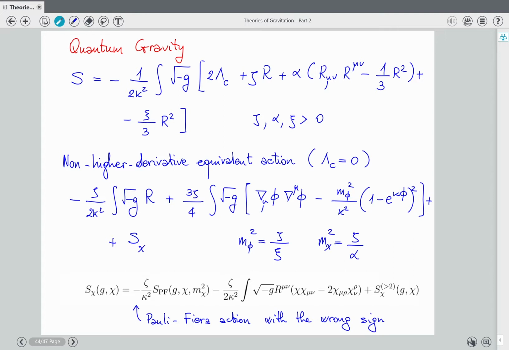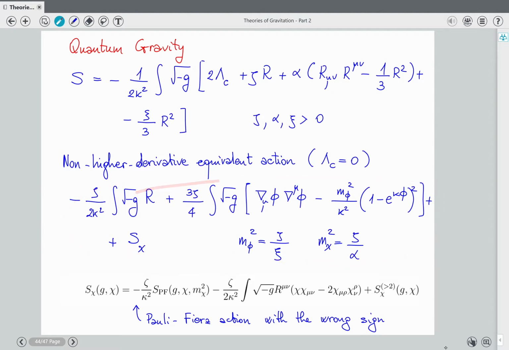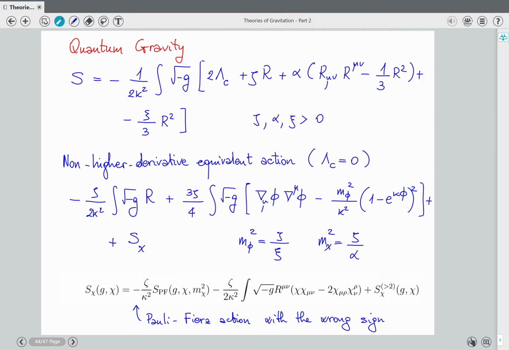So no matter what you may expect by looking at this action, it is renormalizable because it is just a change of variables of a manifestly renormalizable action.